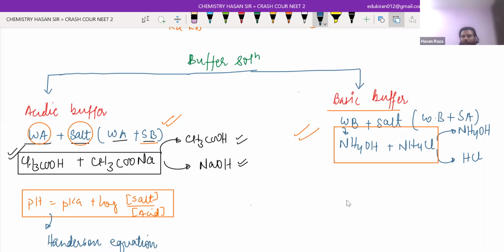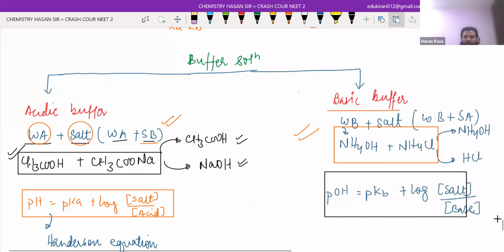Now, if we are going for this basic buffer, it's also very simple. pOH is equal to pKb plus log of, again salt will be here, and since it is basic, we are going to put the concentration of base in the denominator like we did for acidic buffer.